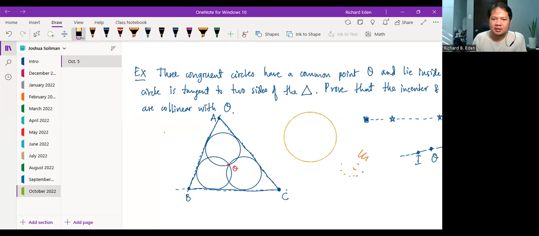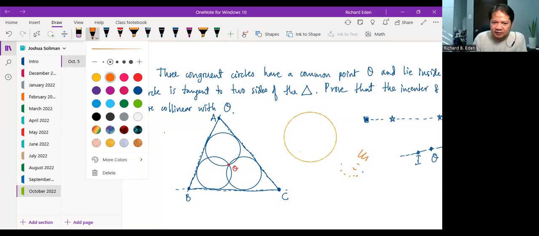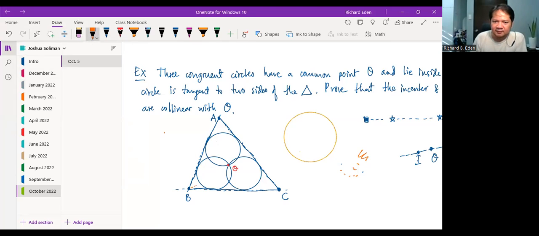Okay, so the incenter is going to be where the angle bisectors intersect. So you have this B angle bisector, and then this is the A bisector. It seems like they're going to intersect at O, which is not my intent, of course.